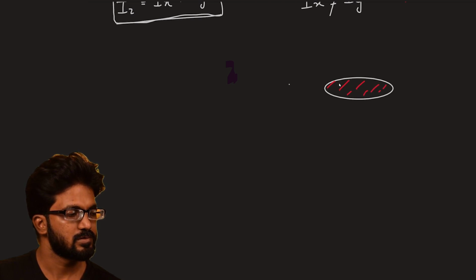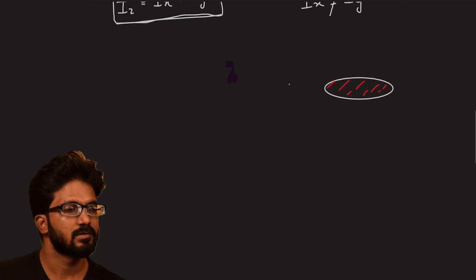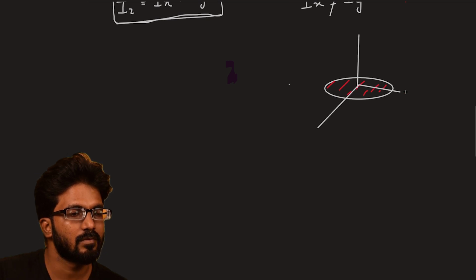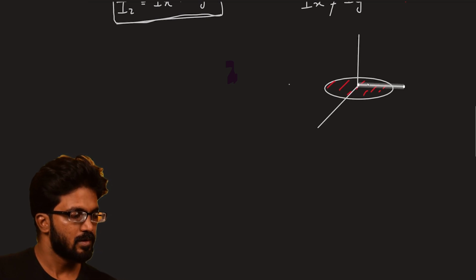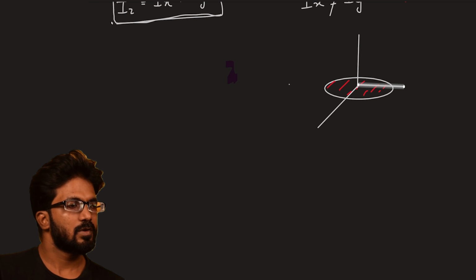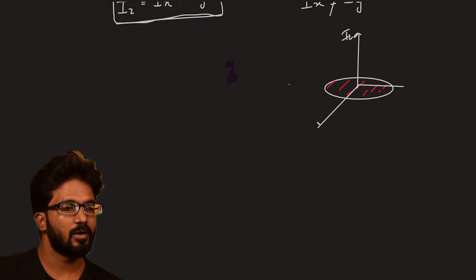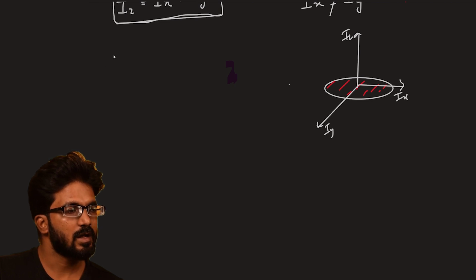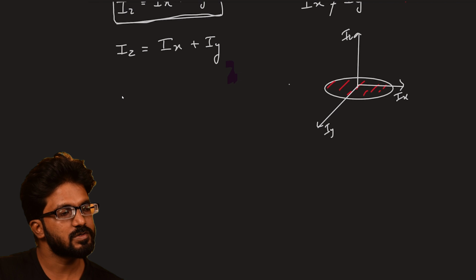So these axes can be taken like this. We can represent them as Iz, Iy, Ix. As we know, Iz is equal to Ix plus Iy.